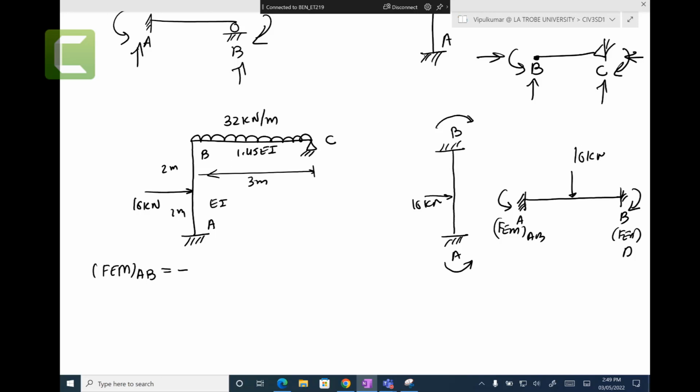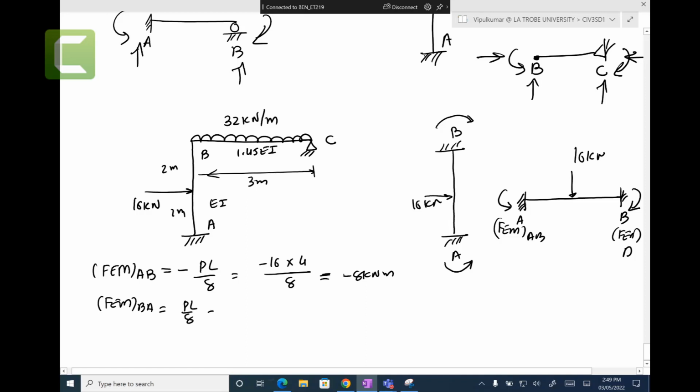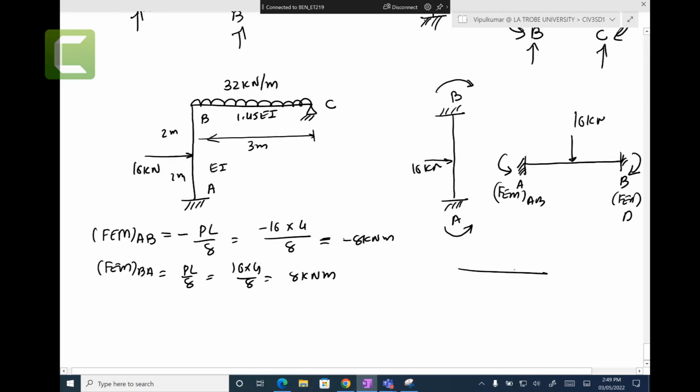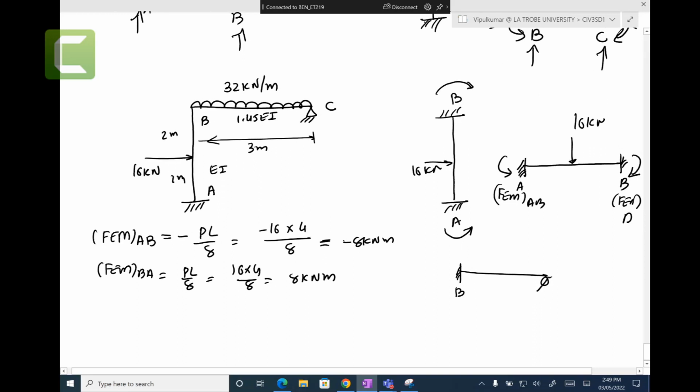So fixed end moment of AB is minus PL on 8, minus 16 times length 4 over 8, which is minus 8 kilonewton meters. Fixed end moment of BA equals PL on 8, 16 times 4 on 8, which is 8 kilonewton meters. BC, we can fix B. C is a pin, we can't touch it.